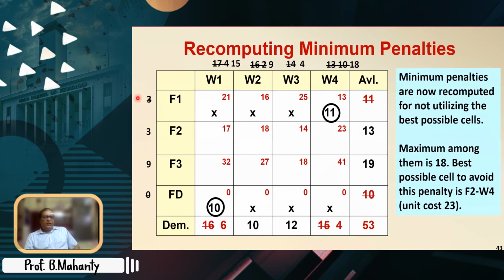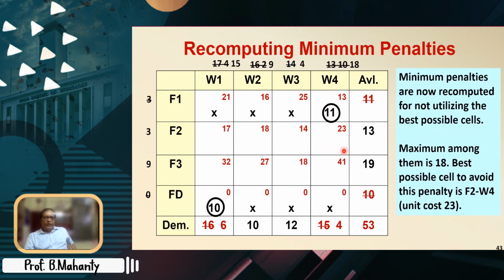All right, and this side 3 is crossed out, so 3 and 9. So we are now having 2 rows left. Out of these 2 rows, we see that this 18 is the maximum penalty. So therefore we choose this particular column. The best possible square in this particular column is F2W4 because the unit cost is 23.